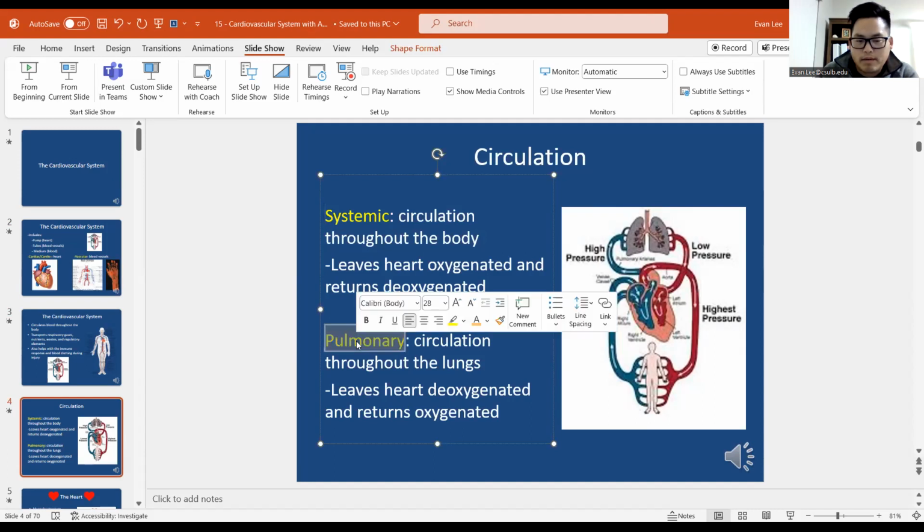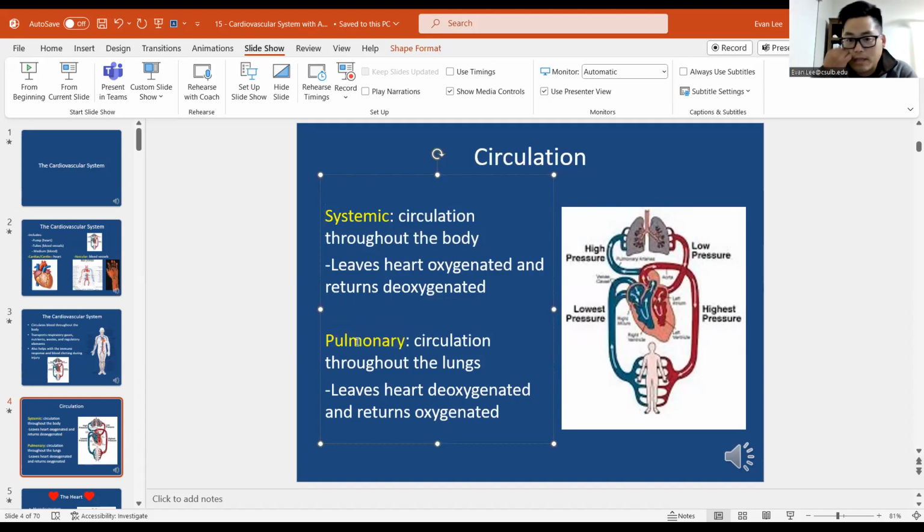But pulmonary is a particular place that you'll have blood flow, which is the lungs. Pulmonary is where you're going to have blood flow to the lungs specifically, and that's a really important part, although a much smaller part, because this is where deoxygenated blood, blood that does not have a lot of oxygen, goes to the lungs, and then oxygenated blood comes back from the lungs, because this is where you pick up oxygen.